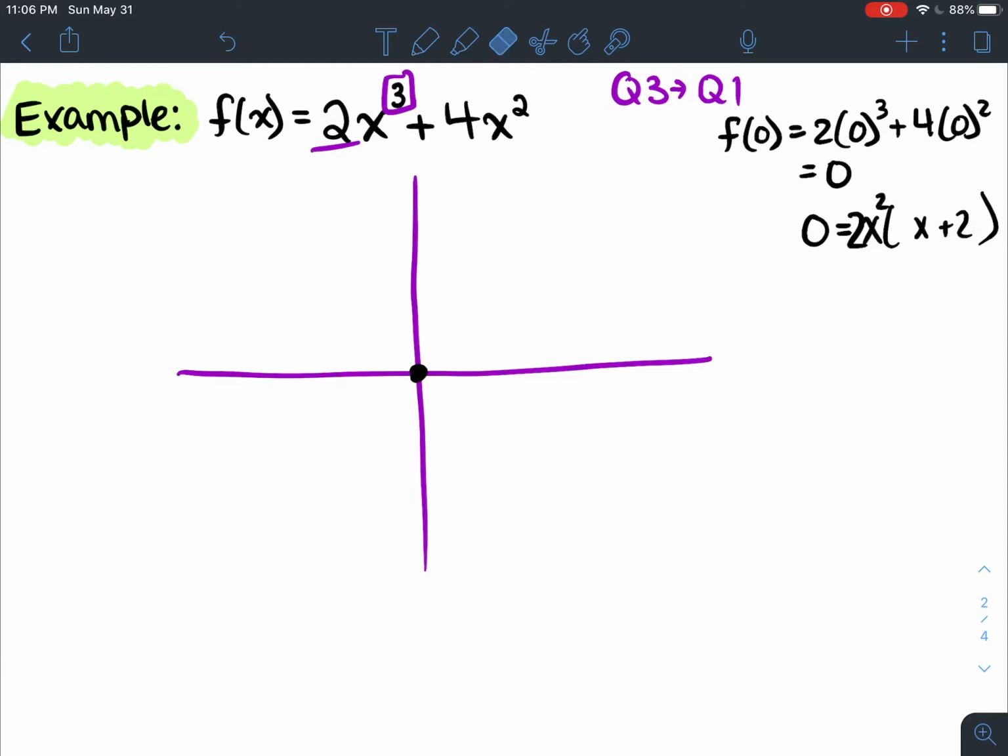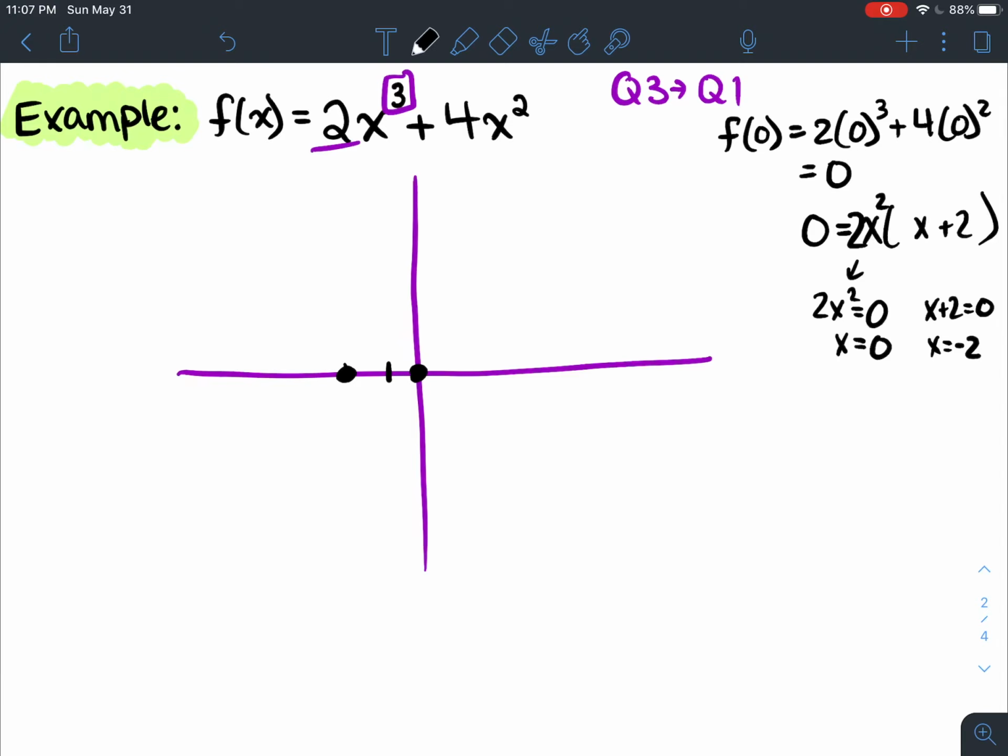Ugh. Sorry guys, it's late. Okay, there we go. Factor out 2x squared. Now I set each term equal to 0: 2x squared equals 0 and x plus 2 equals 0. So I know that x equals 0 and x equals negative 2 are my two x-intercepts. I already got one of them. And then when x equals negative 2, I have another one.